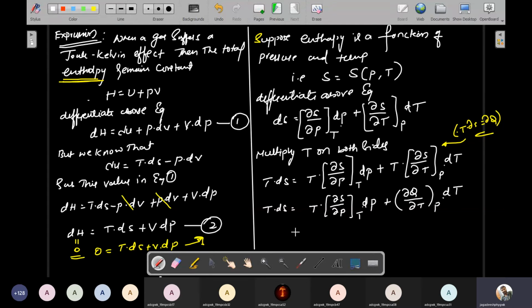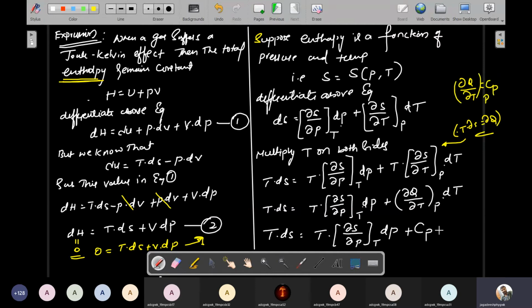So you can write this equation: T ds = T (∂s/∂P) at constant temperature into dP plus this value, which is nothing but Cp, because ∂q/∂T is equal to Cp at constant pressure.